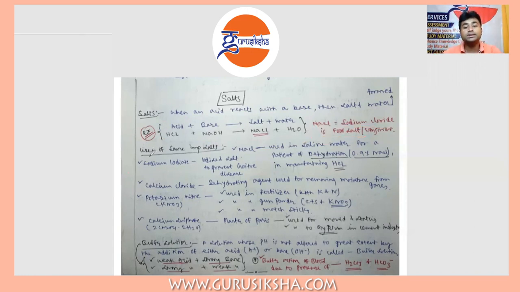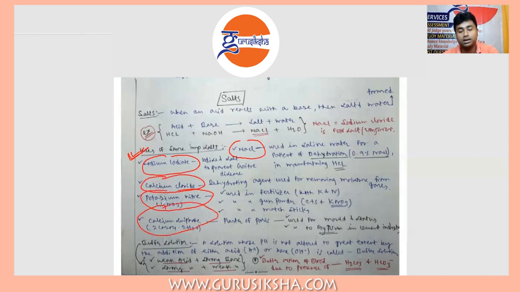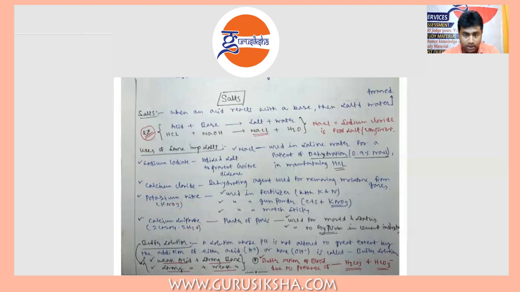Now I am going to discuss the uses of some important salts. There are lots of salts, like NaCl, sodium iodide, calcium chloride, potassium nitrate, calcium sulfate. There are different kinds of salts available in nature. The main one is NaCl, which we produced from here.